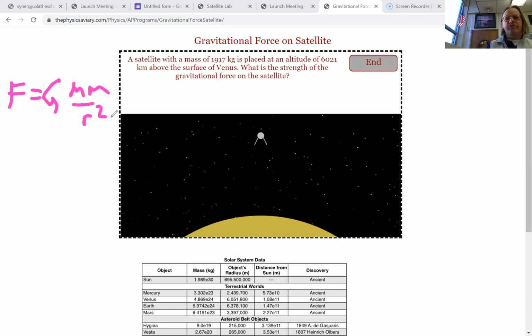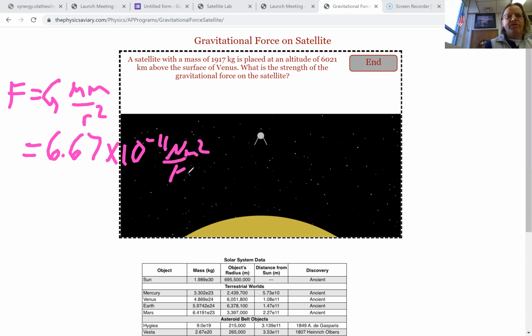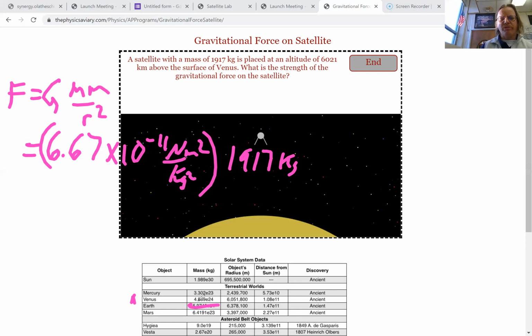So to find that gravitational force, it's the big G, 6.67 times 10 to the negative 11th newton meter squared per kilogram squared. That's just the constant. One mass is the 1917, the satellite mass. The other mass is Venus down here. The mass of Venus is a little smaller than Earth, but not a lot smaller. It's almost the same mass.